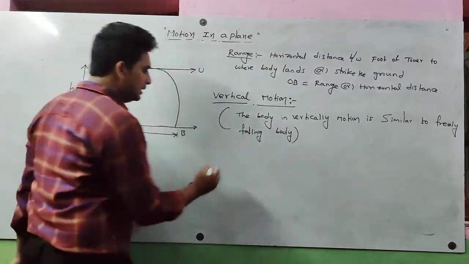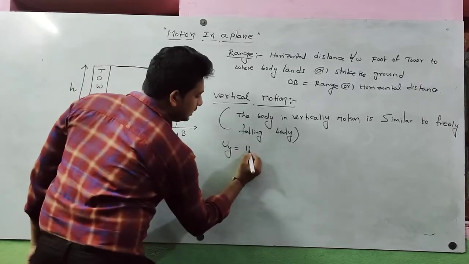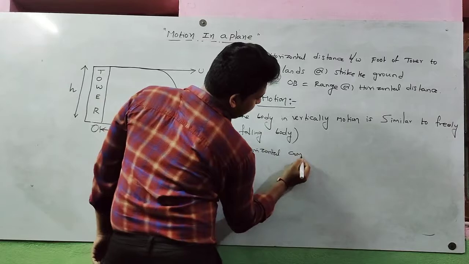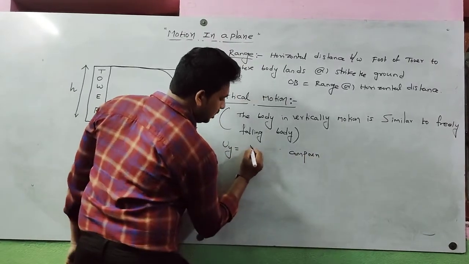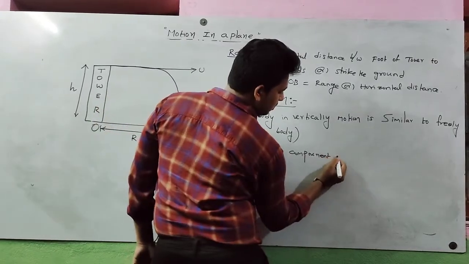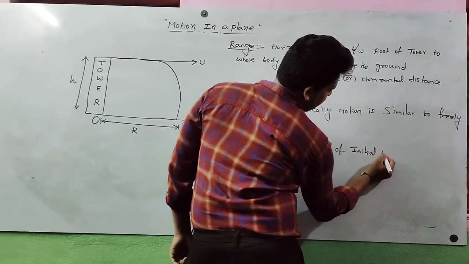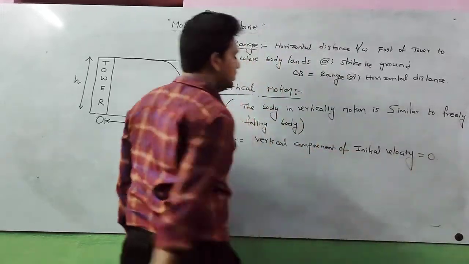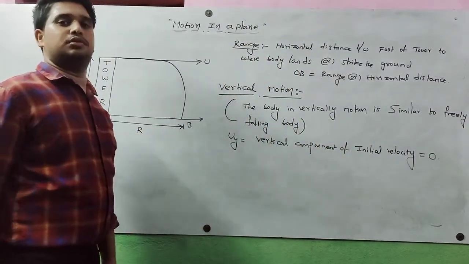So that means here the initial velocity, sorry, this is the vertical component now. So the vertical component of initial velocity is equal to 0, because for a freely falling body initial velocity must equal 0.